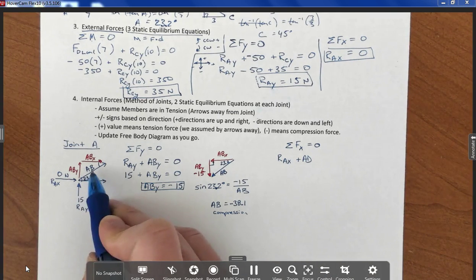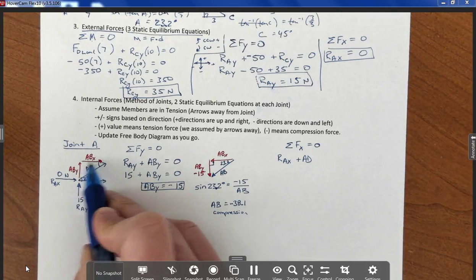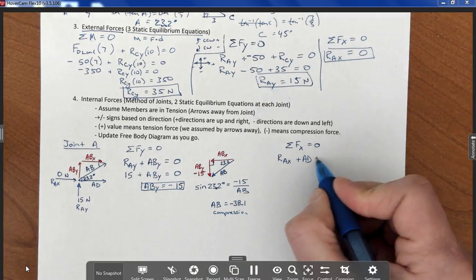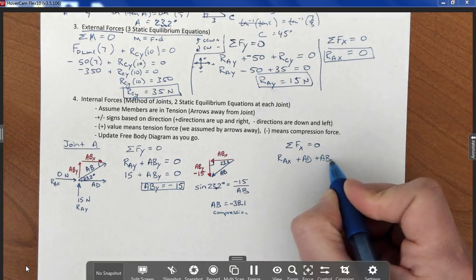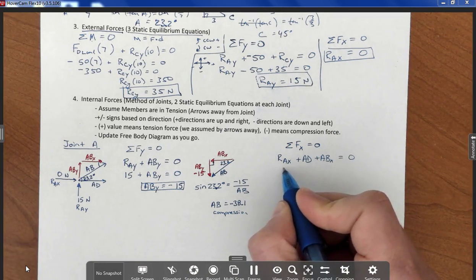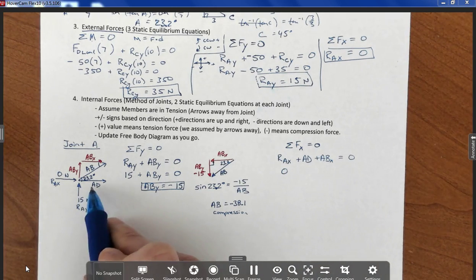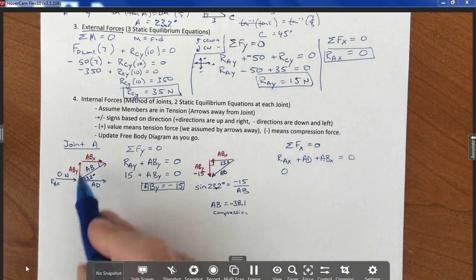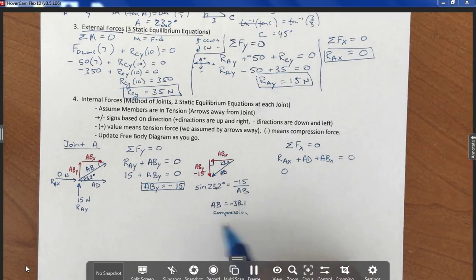And this diagonal one had a vertical and a horizontal, so there's ABX. At the moment, I really only know the reaction force is 0. I don't know AD. I want to find it, but I don't know it. And I haven't found ABX, but right here I see that I can find it.